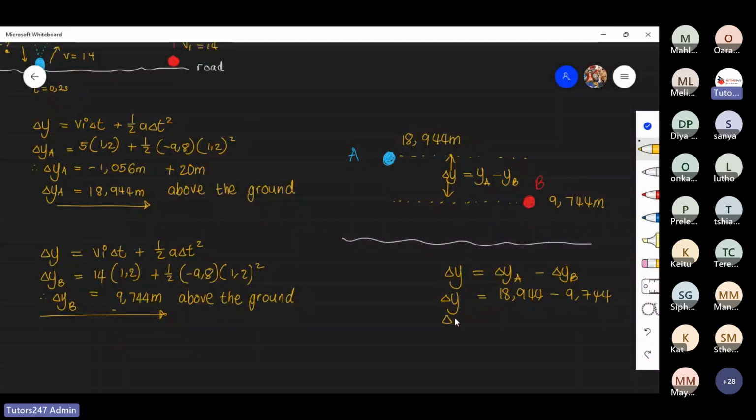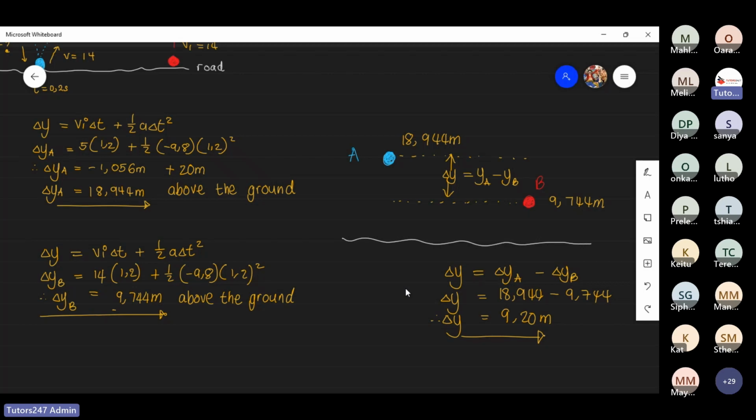If we put this into our calculator, you should then finally get a value of 9.20 meters. That means that the distance between both balls is 9.20 meters after 1.2 seconds of them being thrown vertically upwards. Keep in mind, both objects were thrown vertically upwards.